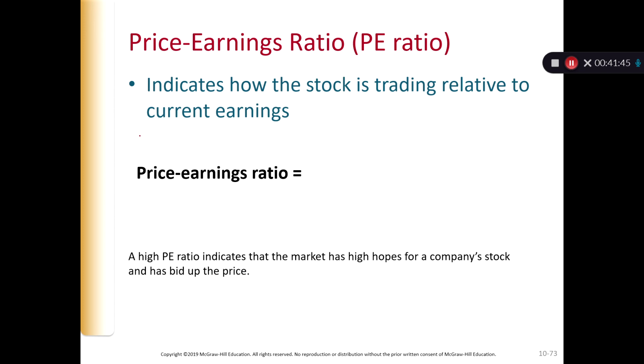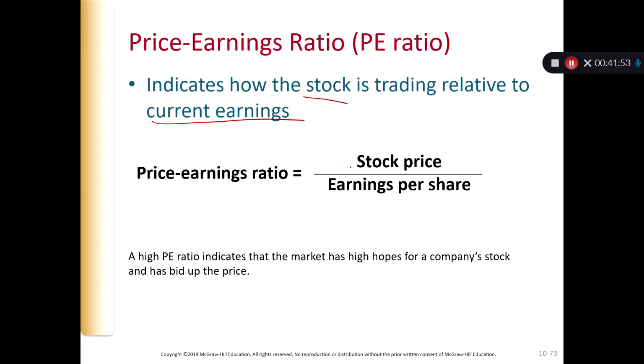Another thing we want to talk about is the price earnings ratio. It indicates how the stock is trading relative to current earnings. It equals the stock price divided by earnings per share. A high price earnings ratio indicates that the market has high hopes for the company's stock and has bid up the price. Say per $1 you earn 30 cents, so 0.3, and the stock is traded at $3.